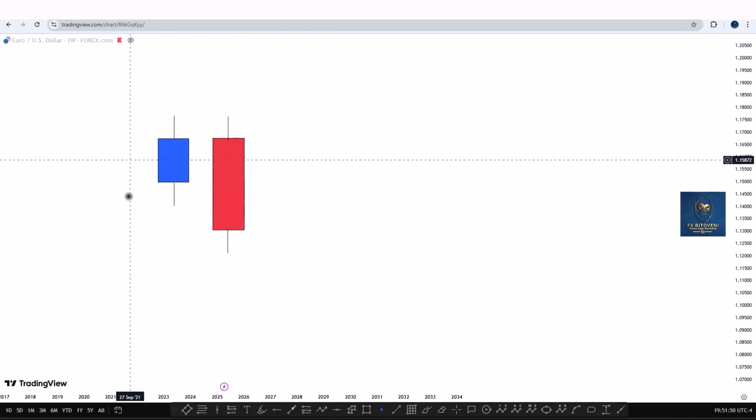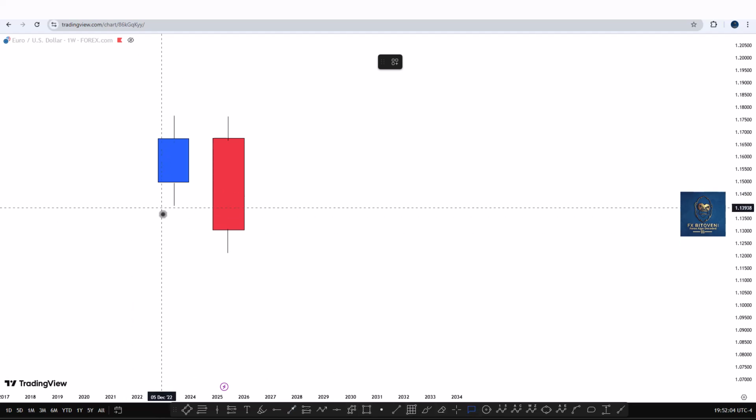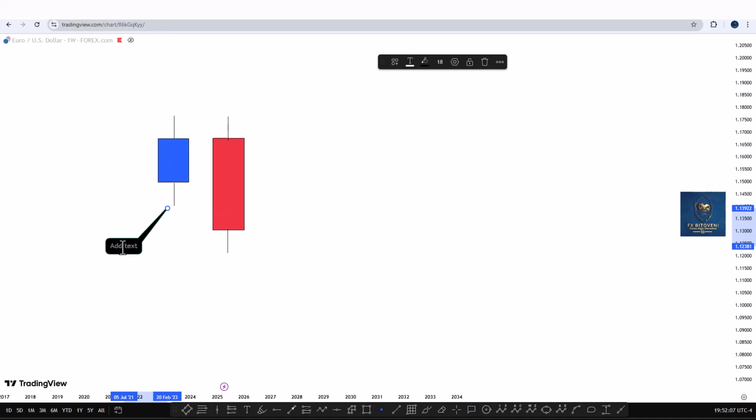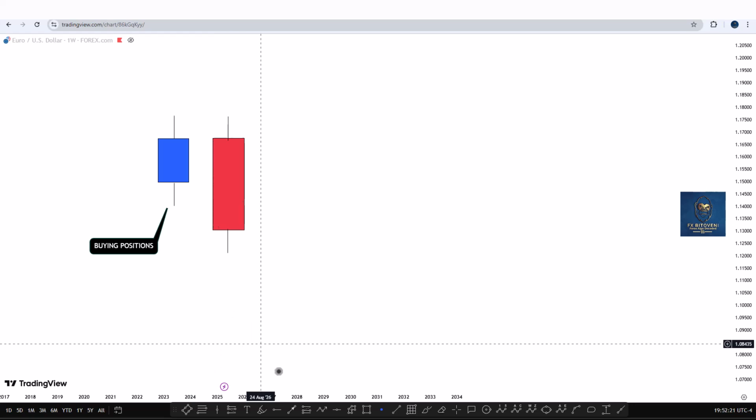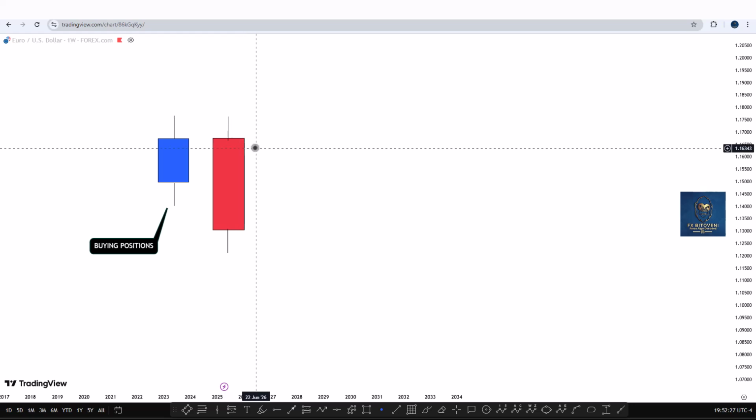If you look at this candle, we can see that this candle is bigger than this one. This candle represents buying positions. This other candle represents selling positions.